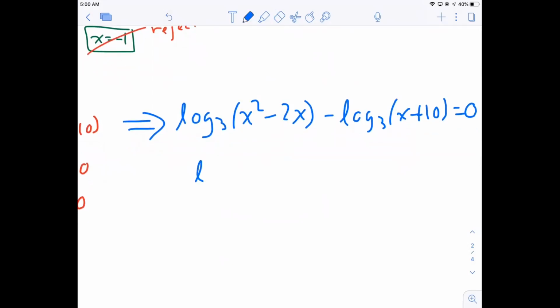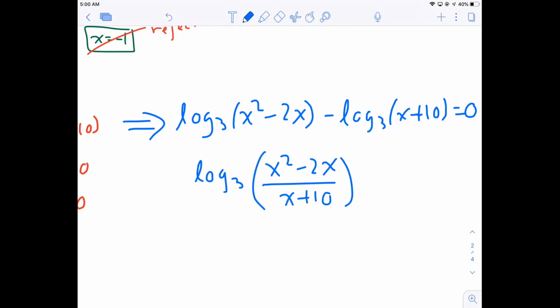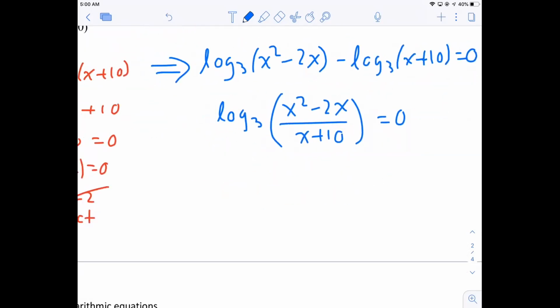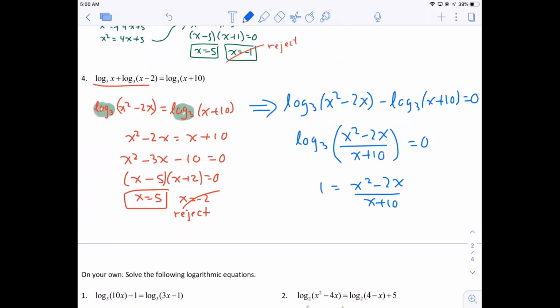So that's log base 3 of x squared minus 2x over x plus 10 is equal to 0. And then we get 3 to the 0th power, or 1, is equal to x squared minus 2x over x plus 10. And cross multiplying, aha, we're going to get to that step. And that also works. So you really got a lot of options to solve these log equations.